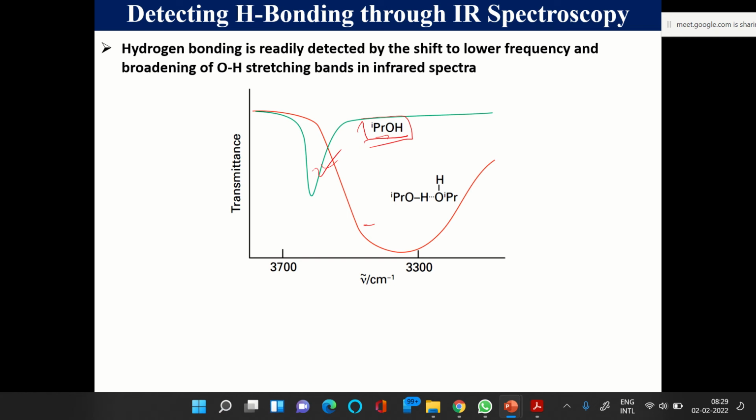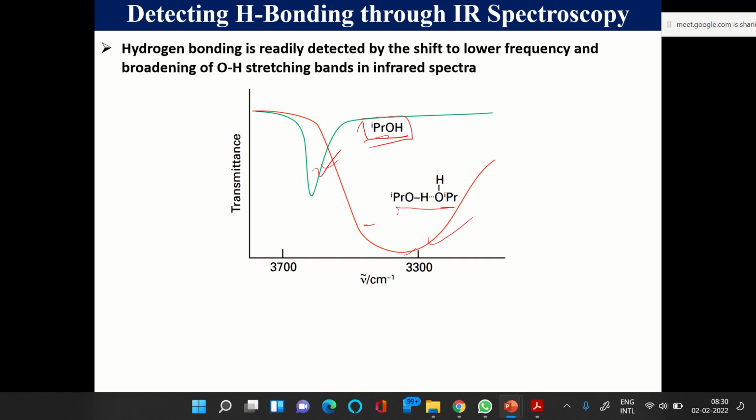But the moment you have large number of isopropyl alcohol molecules, that is pure isopropyl alcohol, it will typically give you this thing, नीचे जो रेड कलर का है, ग्रीन वाला आएगा जब isopropyl alcohol you are preparing a dilute solution.